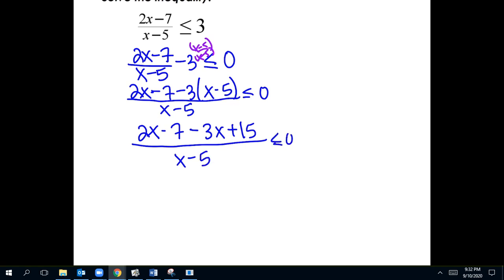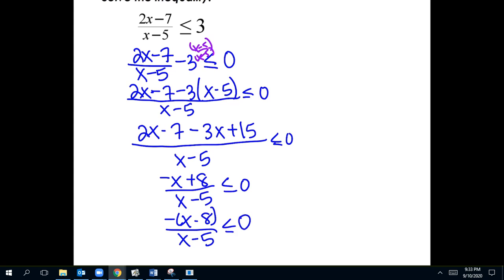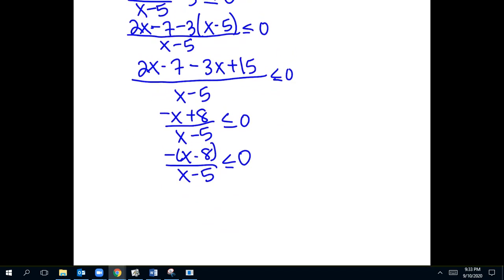And then we will simplify more. And then we want to factor properly. And we'll go ahead and take out that negative right there.